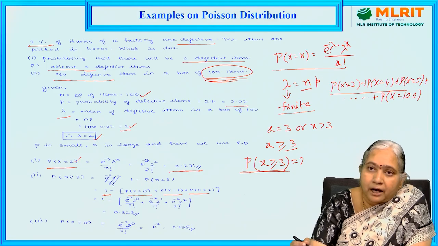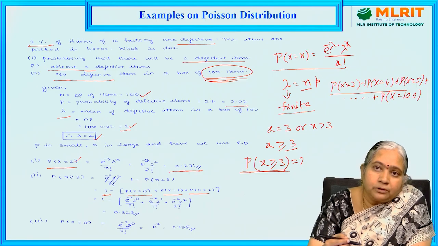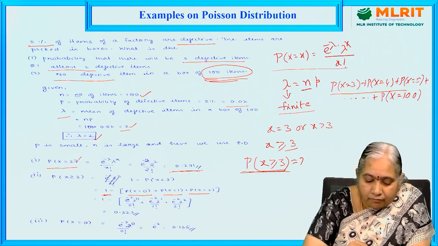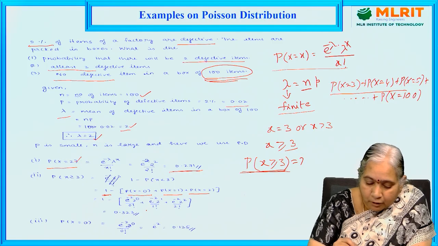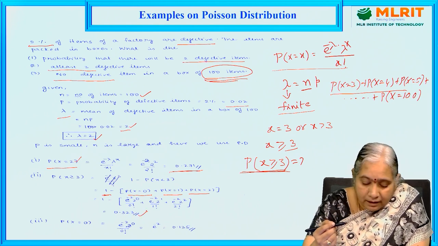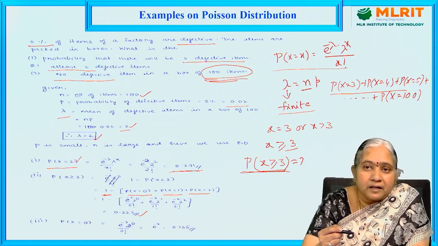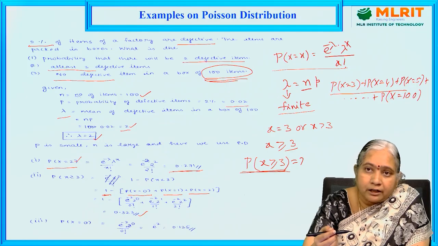So if we subtract the 0, 1, 2 probabilities from the total probability, that is equal to the required probability. So 1 minus the probability of x equal to 0 plus x equal to 1 plus x equal to 2. We find these 3 probabilities and subtract from 1. After simplification, we get 0.323 as the probability. That means there is a 32.3 percent chance that the box contains at least 3 defective items.